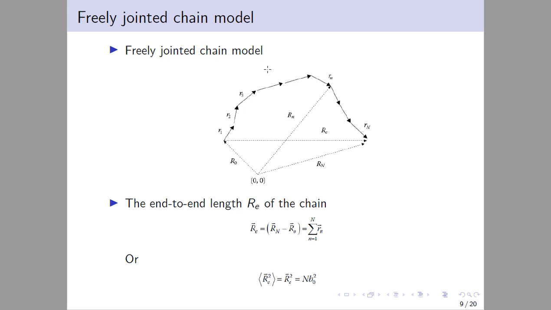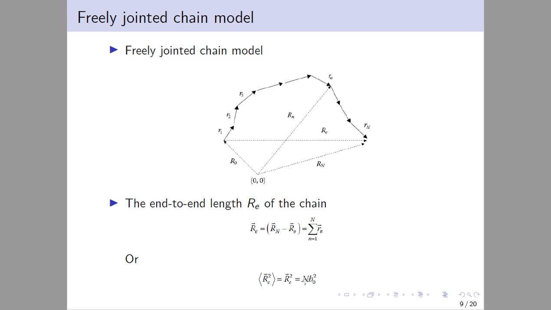Okay, so the end-to-end length R_e of the chain, from here to here, is equal to this formula. So n b naught, where this b naught is the length between C and C. If we take the average of b naught, we get this one.